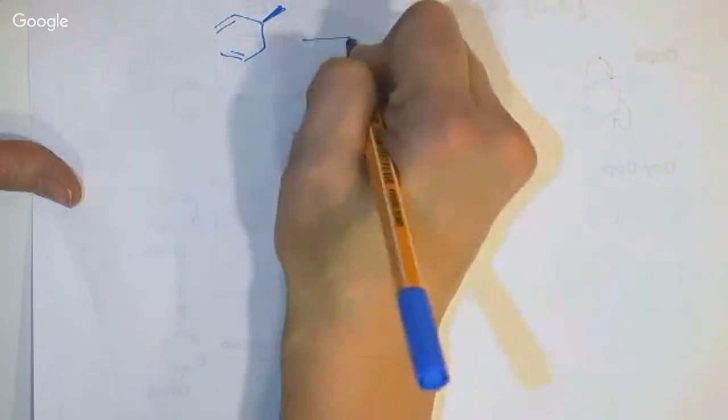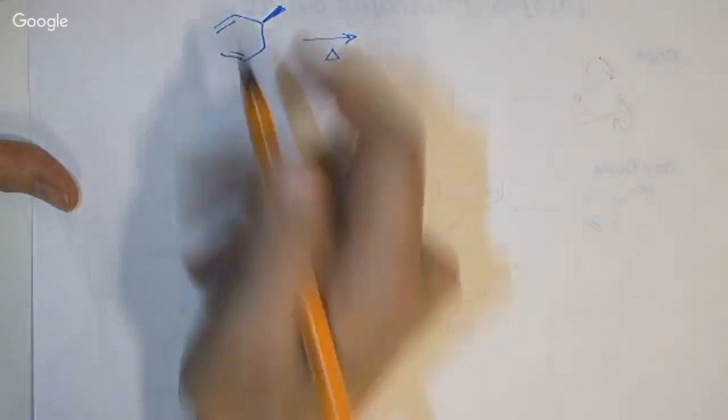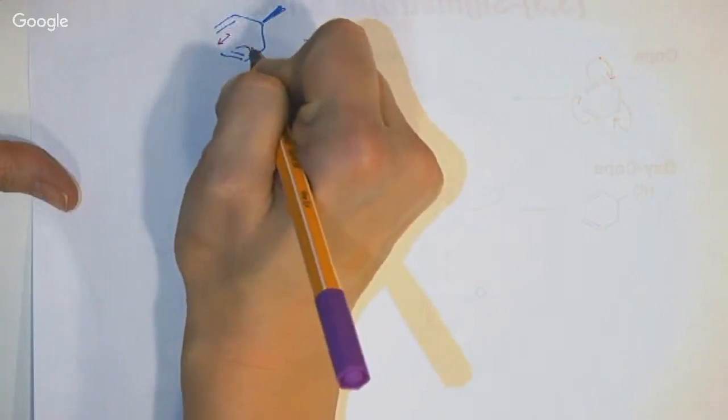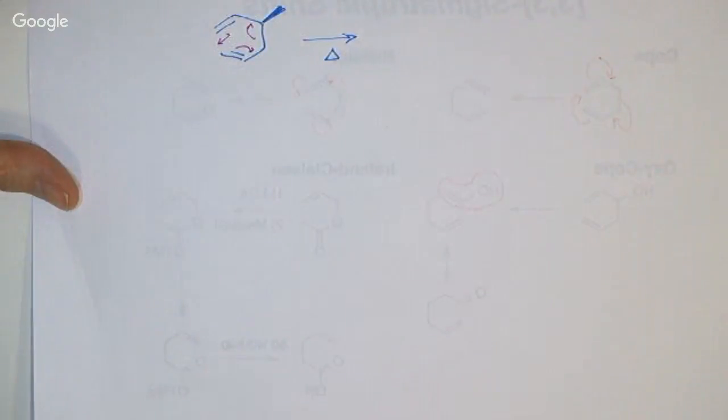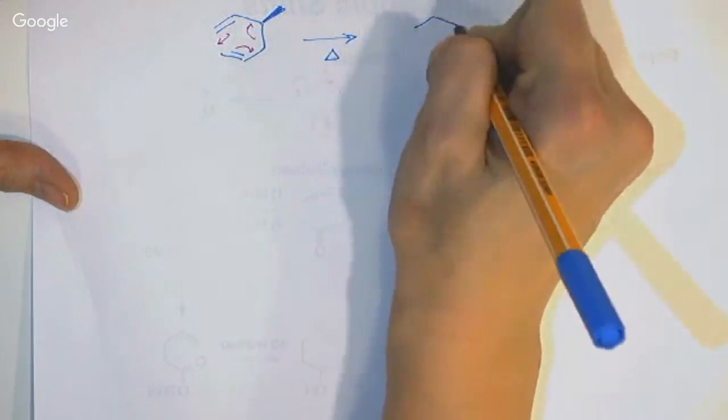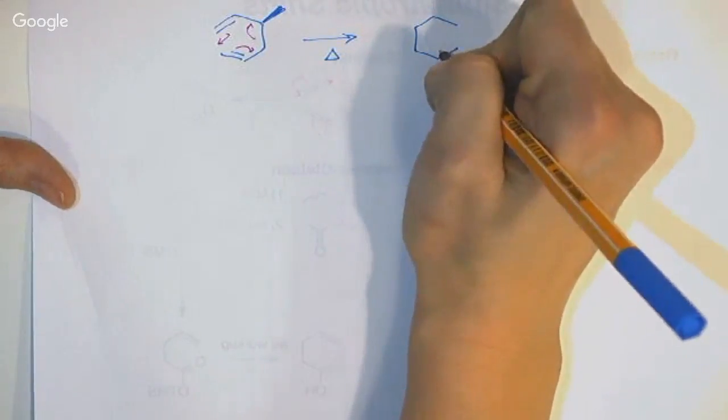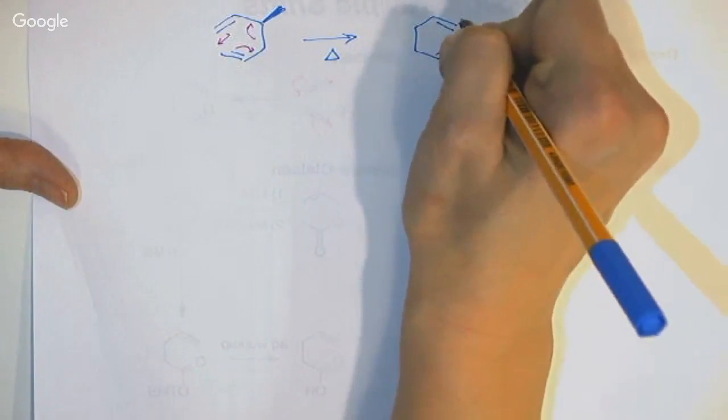The question is, what happens then to that stereochemistry as I go through the transformation? So I can draw the arrows. And somehow I end up with a disubstituted diene here. And the question is, is that methyl group oriented such that it is cis or trans?